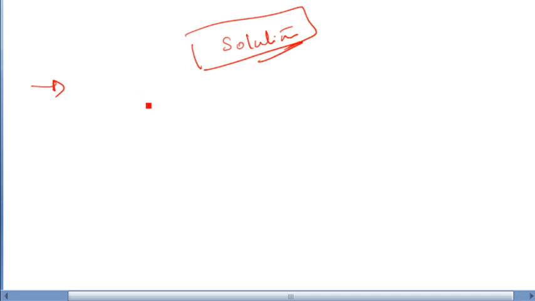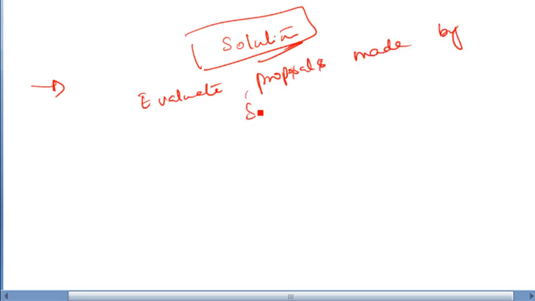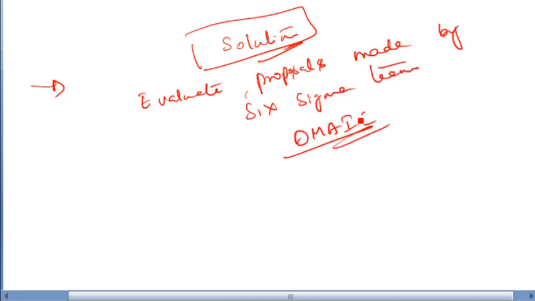So ultimately, what has been asked in the question is that you need to evaluate the proposals made by the Six Sigma team, and the team has used this method DMAIC. What is that? We'll see. Shall we start? So this is the ultimate target of the question: evaluate the proposals made by the Six Sigma team.